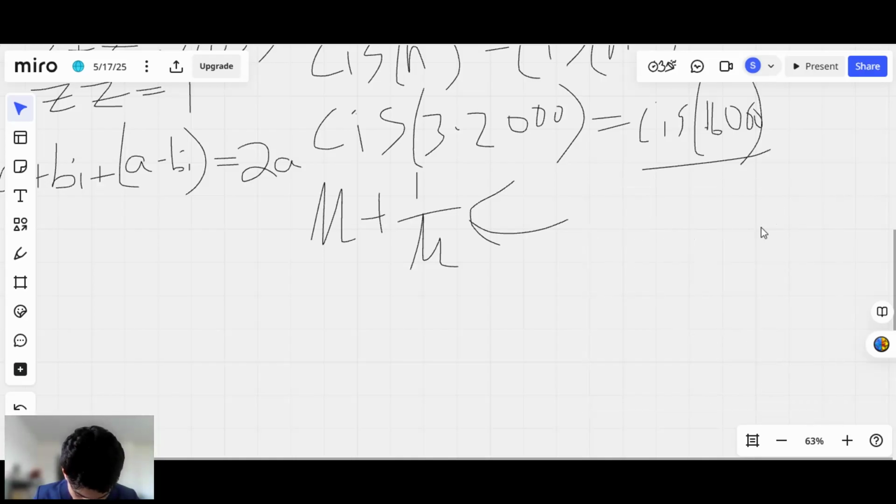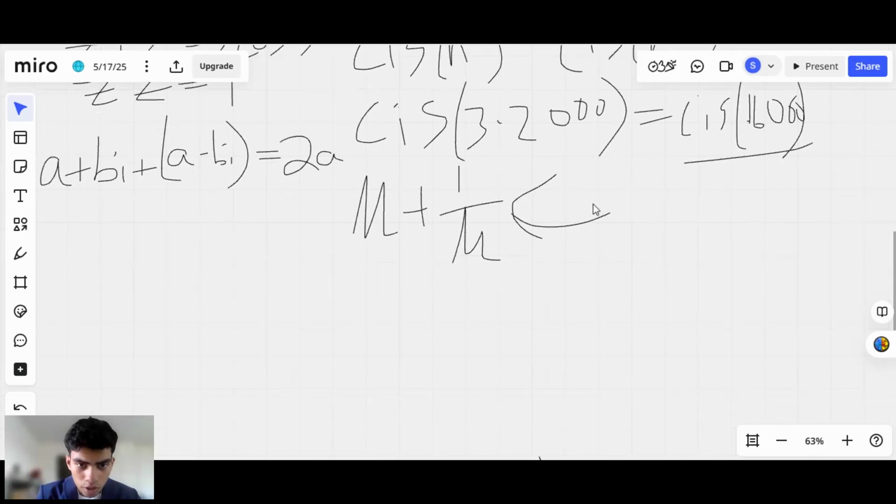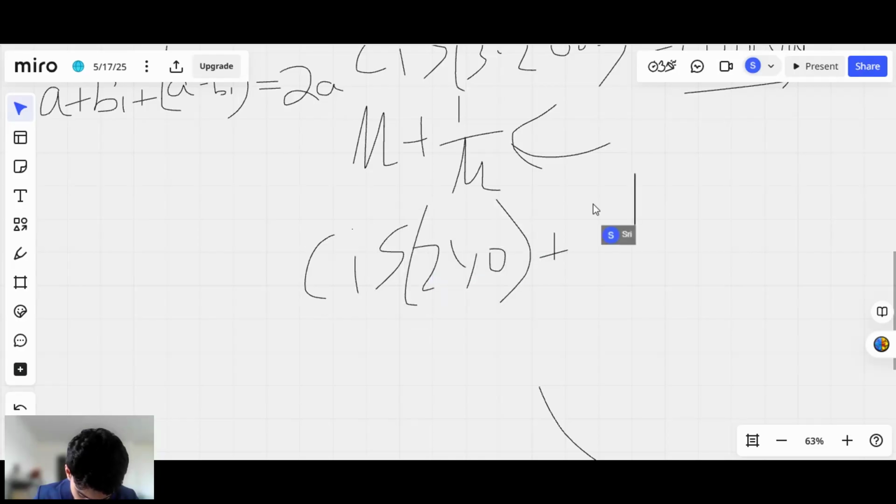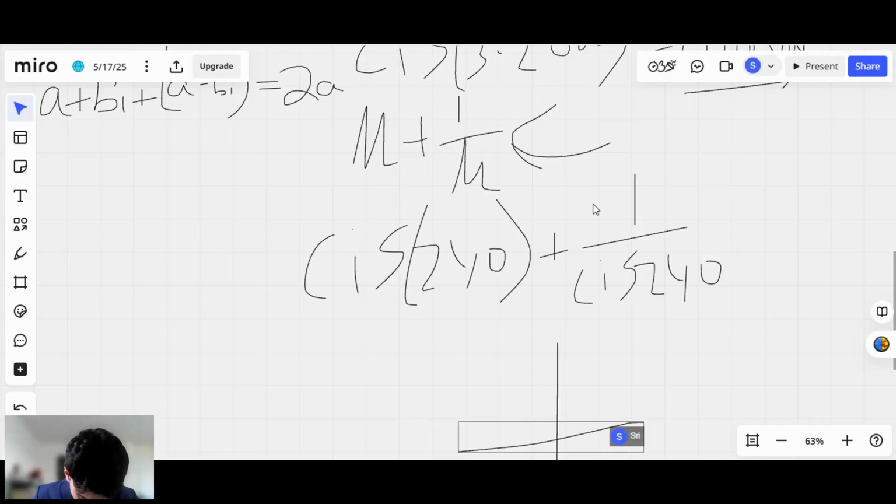All right. So now we're left with cis of 240 plus 1 over cis of 240. Well, let's try to figure out what 1 over cis of 240 is. So if we employ the same tactic as I explained previously, 240 degrees is going to be over here.